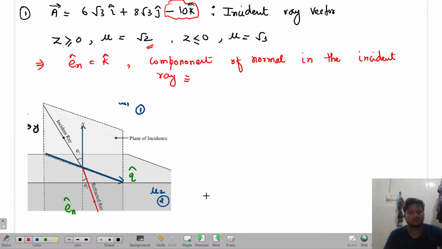How? Simple. Suppose vector A is given and someone asks you what is the component of vector A along another vector B, what are you going to do?